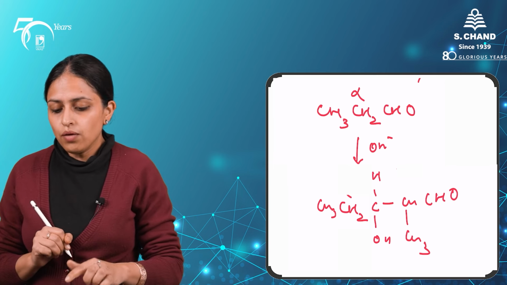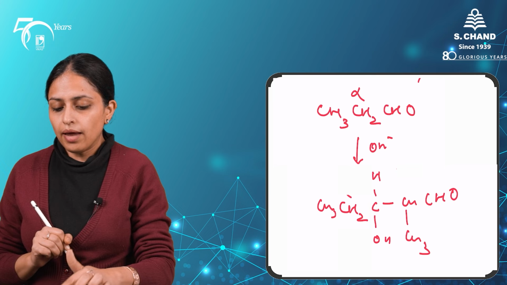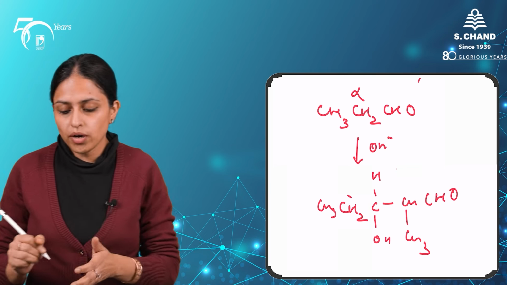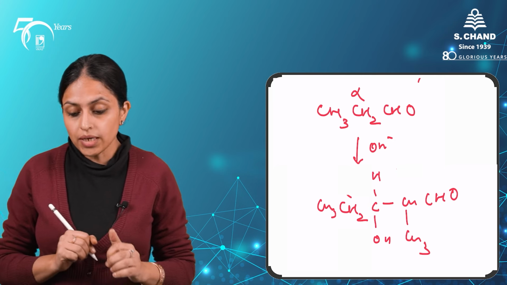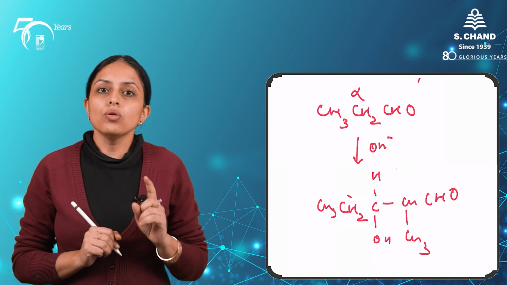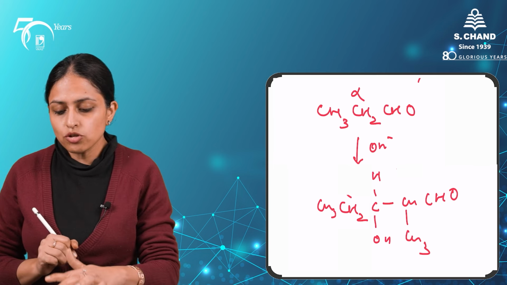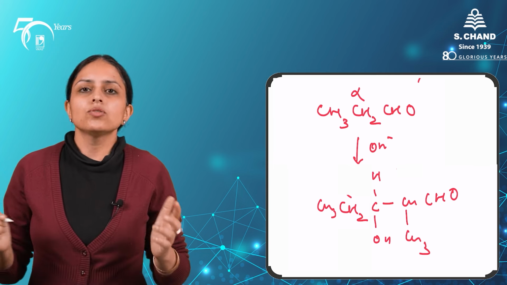You can see one of the alpha hydrogens will be eliminated and it will attack the second propanal molecule and the product will be the corresponding beta hydroxyaldehyde. So it's very important to look at which particular carbon is going to lose the alpha hydrogen. In case two similar aldehydes are there, it's very easy.